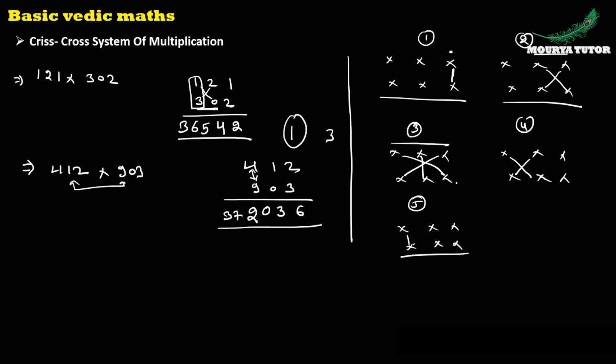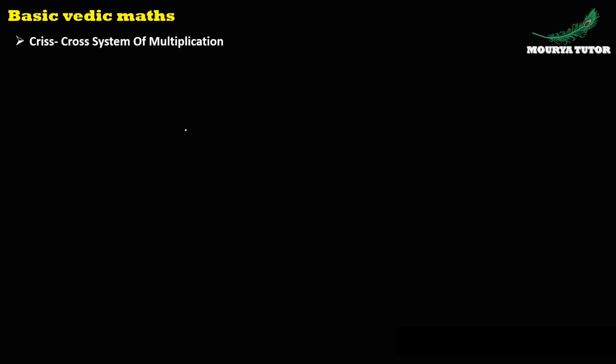Let's suppose the number of digits increased one more, let's draw the patterns, with the 4th digit. So what you can do here, in the first step you will do the multiplication between these two numbers.